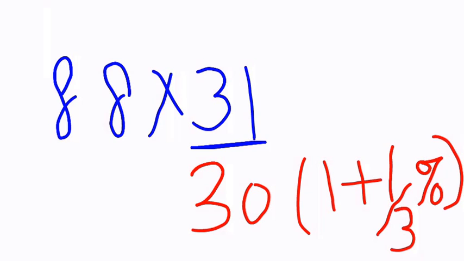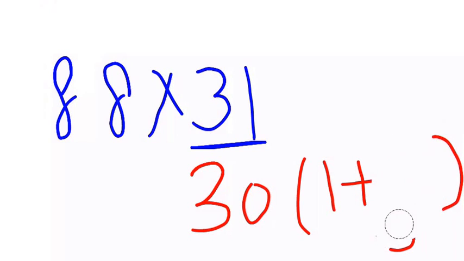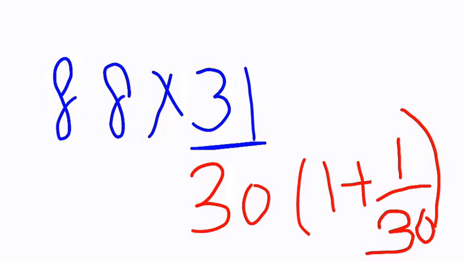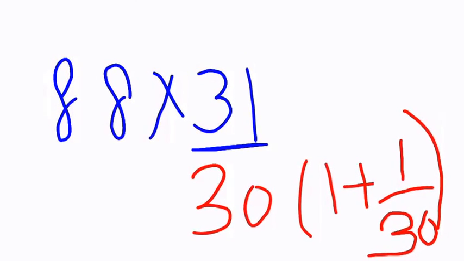Let's have a quick relook at what we are saying here. Until this point it should be clear, right? We are saying let's break down 31, and what is left inside is basically 1 by 30, which is nothing but about 3%.